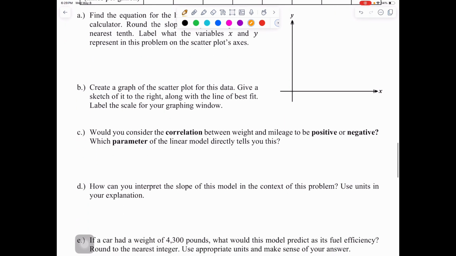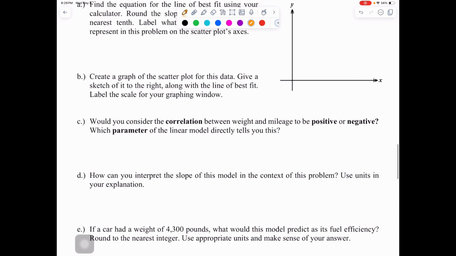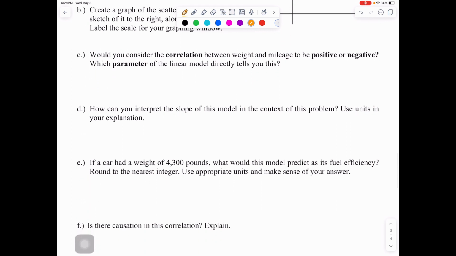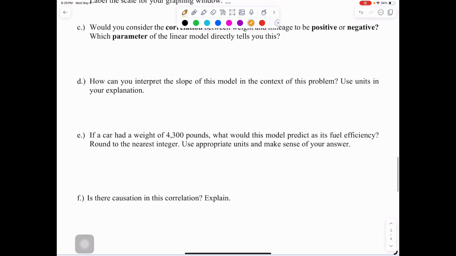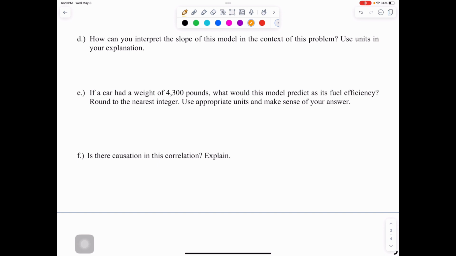I want you to interpret the slope and use units in your explanation, which we've done before. I want you to tell me if a car had a weight of 4,300 pounds, what would this model predict? So you're going to use your equation very much the same way we did in part G.